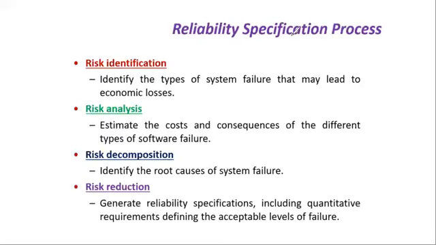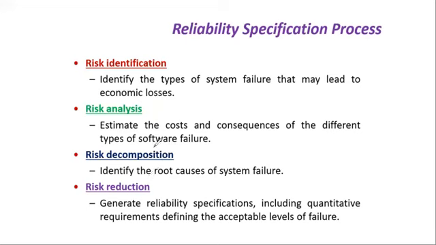Now the reliability specification process has a few categories. That are the risk identification. Risk identification means you're going to identify why the system has specifically crashed. Risk analysis, you're going to identify how much it is going to cost you when the system crashes. Risk decomposition means you're going to identify what is the main cause that caused the system to fail in the first place.